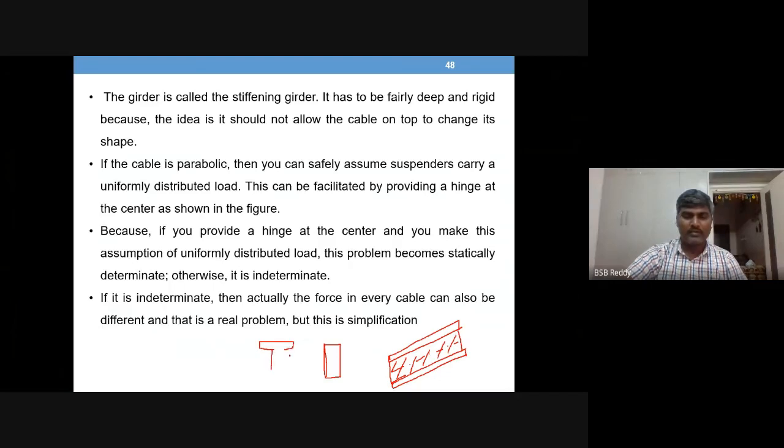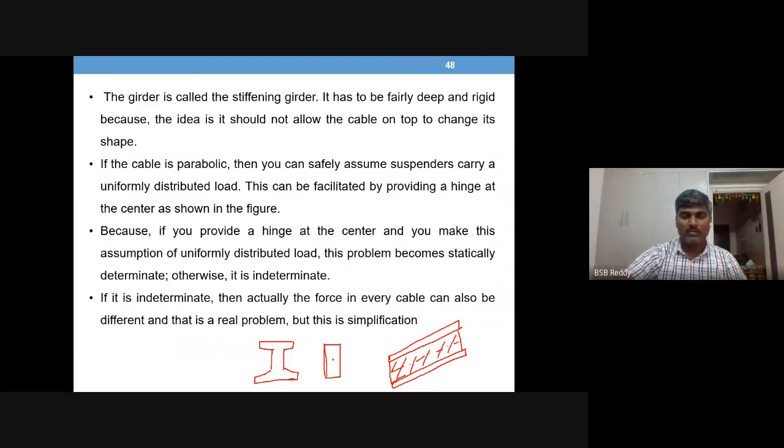We will have I sections as the girders because the loads are heavy and we go for heavy spans, so the bending moment on the girder will be very high.